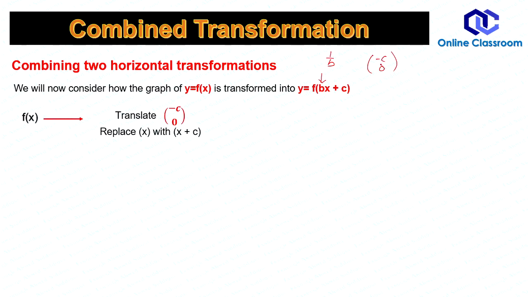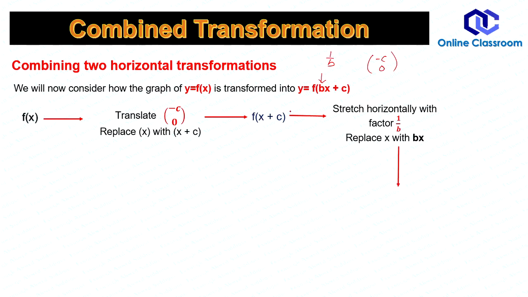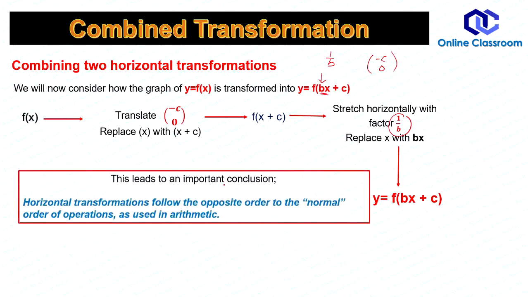You do the translation first, then you perform the stretch. You replace x by the reciprocal, because when the factor is 1 upon b, you should write b there. You should know it: whenever you perform a horizontal transformation, the stretch factor is always the reciprocal of the coefficient of x. So here you use the opposite of the order of normal mathematical operations.